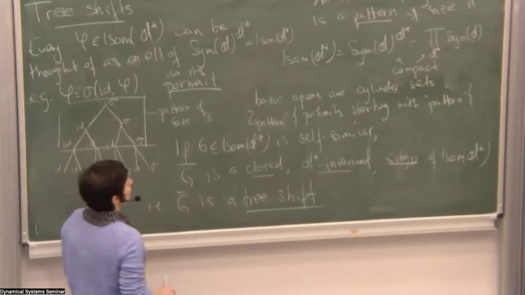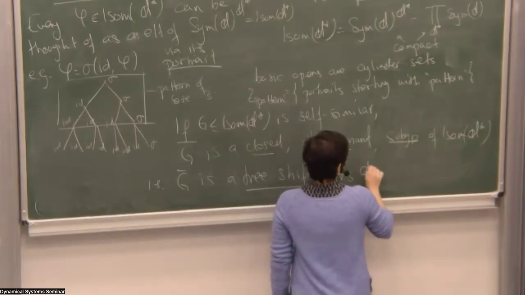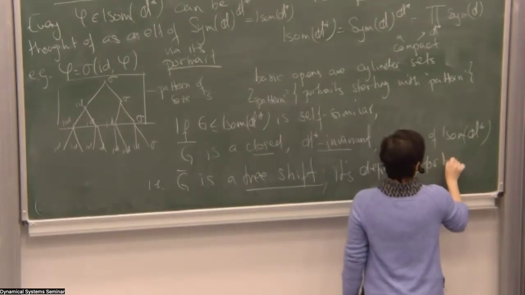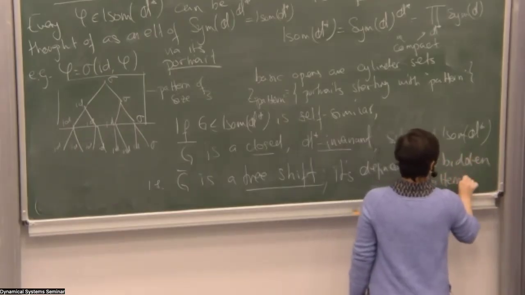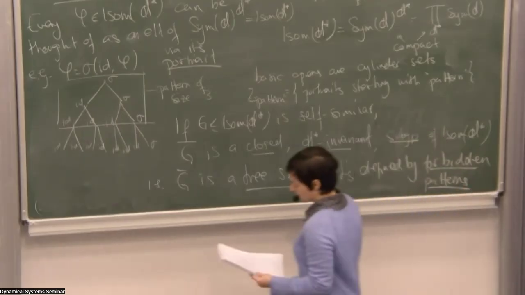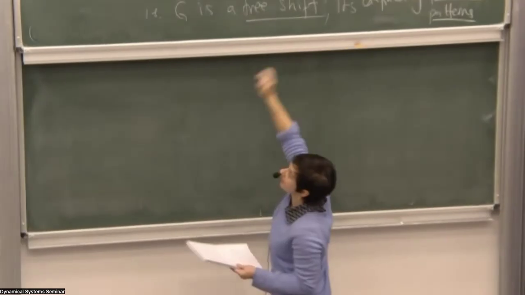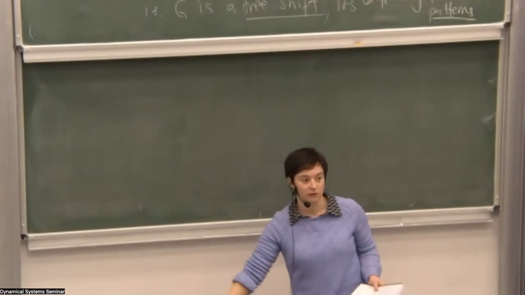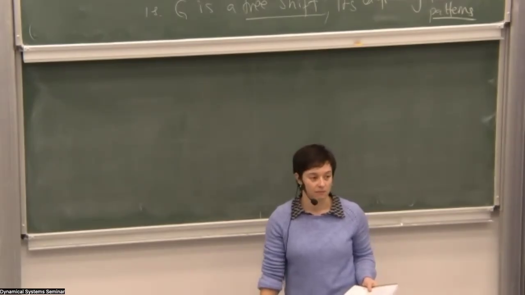Okay, so G bar is defined by forbidden patterns that cannot appear anywhere, at any height, if you like, of the portrait of any element of G bar.